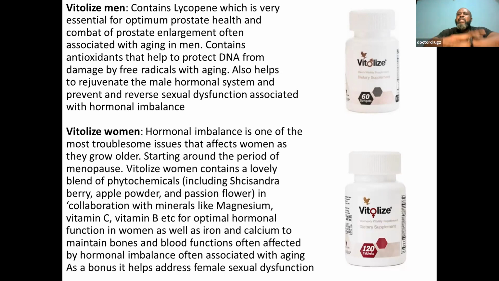Now, we don't need a disarray of these hormones, and that's one of the things that lead to what is called hormonal imbalance. Hormonal imbalance also has a problem with making women have what is called sexual dysfunction, because the female sex hormone gets depleted at a point in their lives. Now, Vitalize Women also contains other substances like vitamin C, antioxidants that also help to protect from free radicals, amongst others. And a combination of all these things that are contained in Vitalize Women holistically helps to address even female sexual dysfunction.